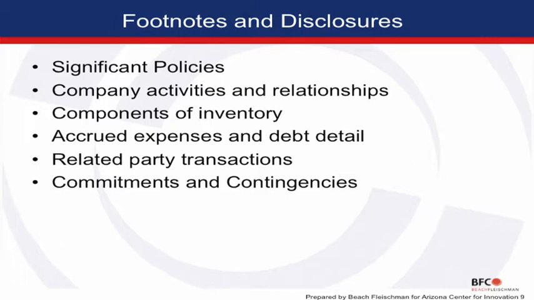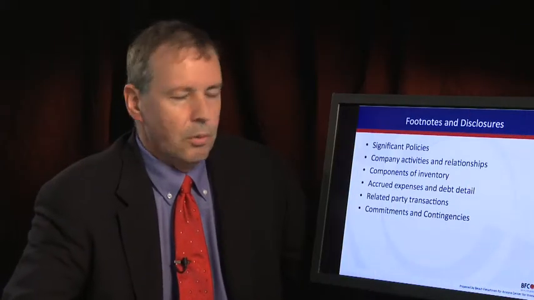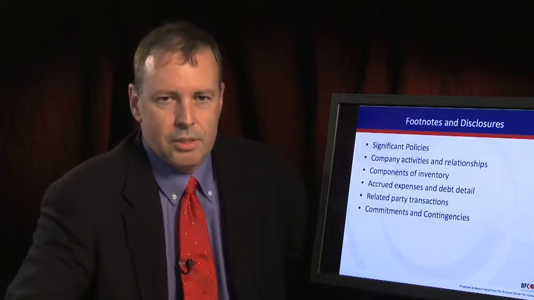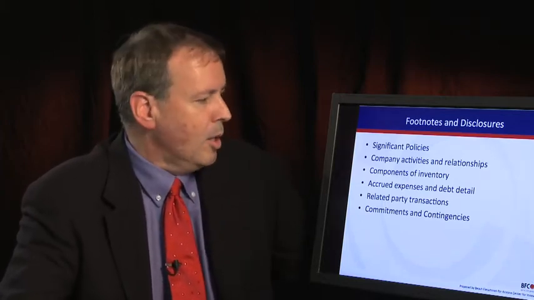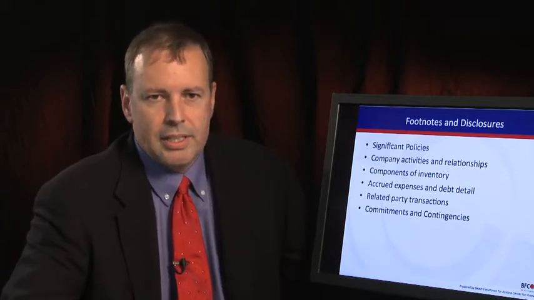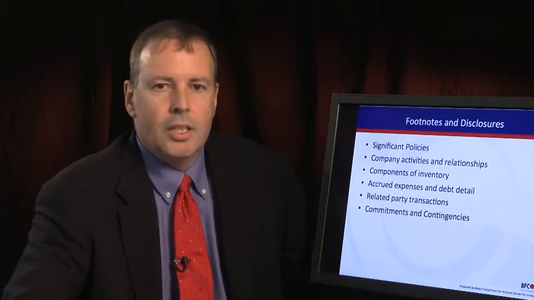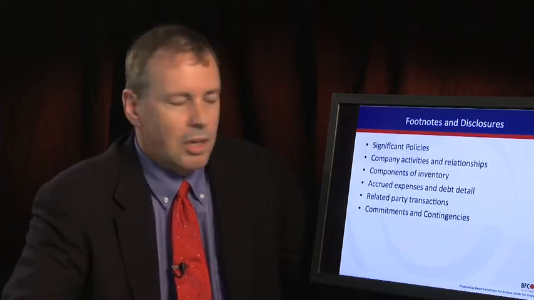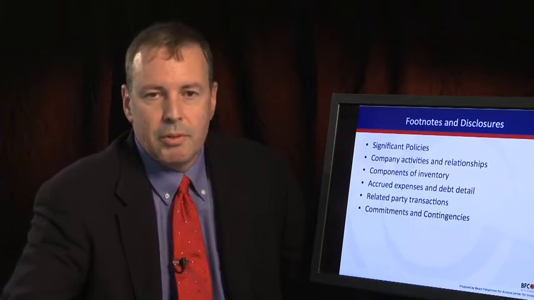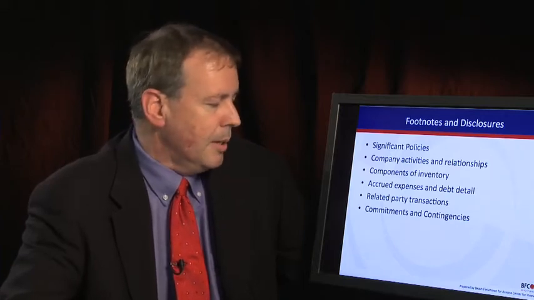We have to disclose the accrued expenses and all the detail of the debt. Who do we owe money to? How much? What are the interest rates? What are the maturities? What are the current terms to repay this debt? Any kind of related party transaction, whether we're selling to a related party, buying from a related party, or we rent our facility from a related party.